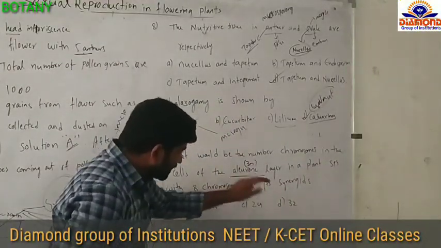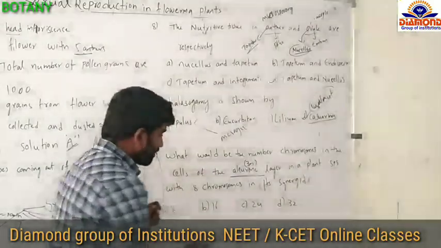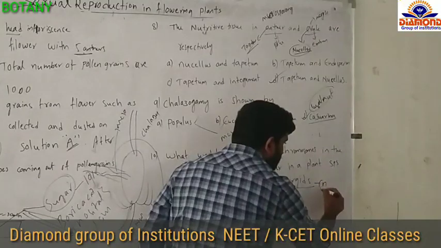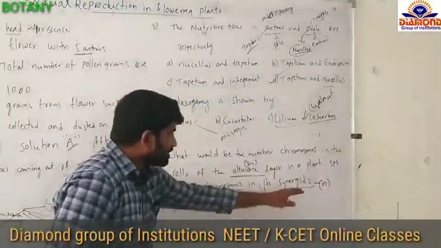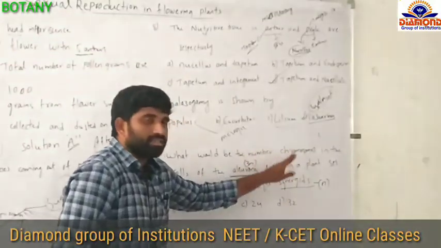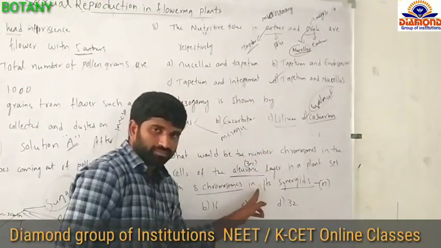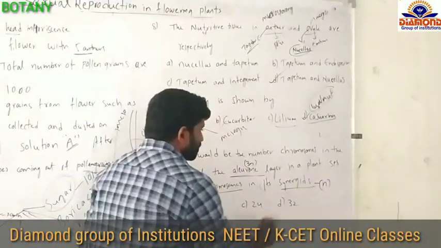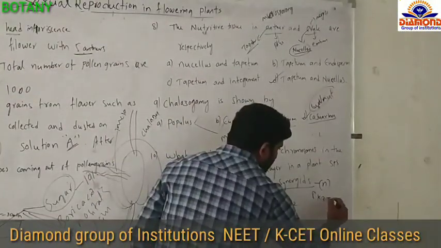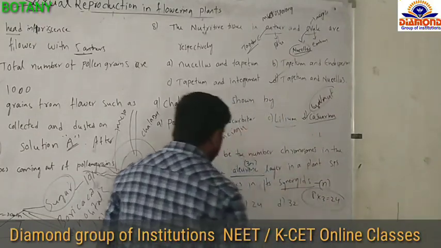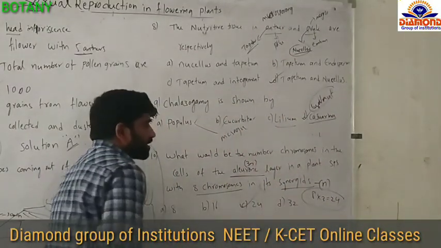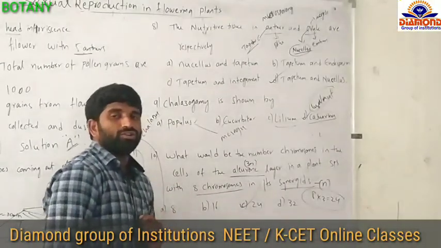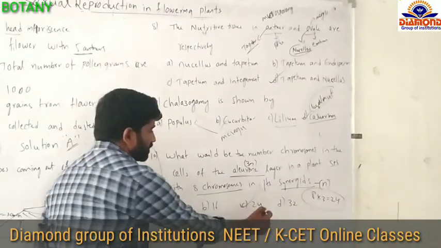The synergid is haploid, with 8 chromosomes. So 8 into 3 is 24. So 24 chromosomes are present in the aleurone layer, because it is like endosperm. The answer is 24.